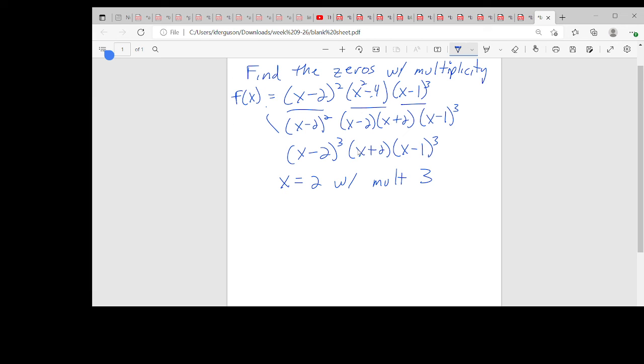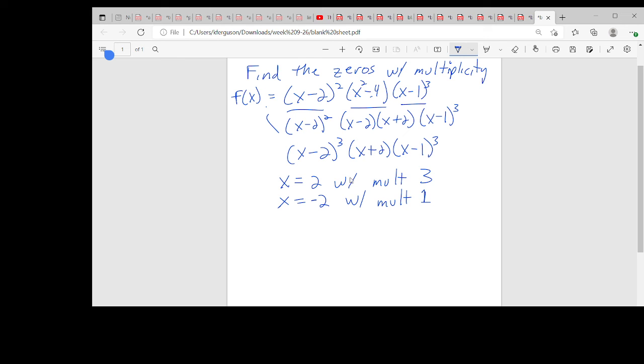So anyway, the next one I got is x plus 2. Yes, ma'am. So x can equal negative 2 with a multiplicity of what? Just 1, because it's only there once. With a multiplicity of 1. Say it again, ma'am. Well, see, that's the thing.